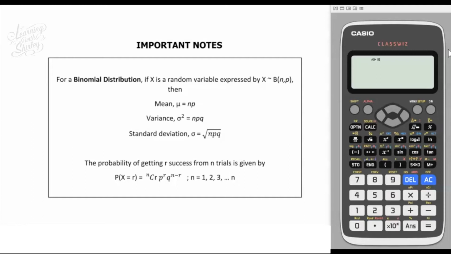The probability of getting r successes from n trials is given by P(X = r) = nCr p^r q^(n-r), whereby r is equal to 0, 1, 2, 3, and so on until n. So this formula, you have to use it for all the questions that involve binomial distribution, and this chapter normally comes out in paper 2 SPM every year.